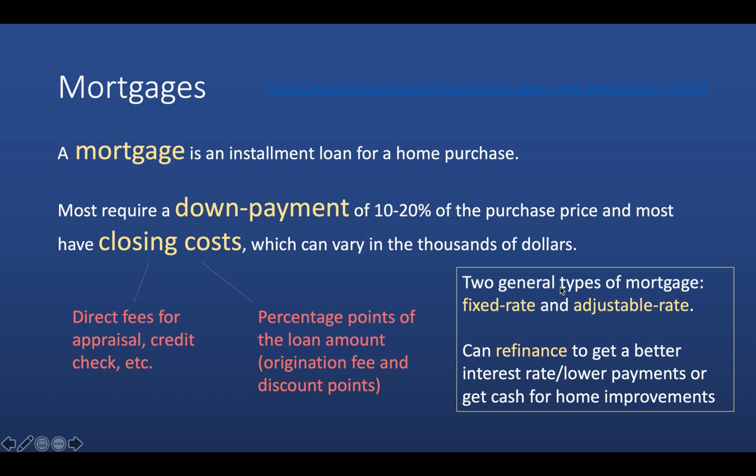And then one last option with mortgages, whether it's fixed rate or adjustable rate, you can always refinance to get a better rate or lower your payments. So you can basically take the current loan you have and pay it off with a new loan. So you owe $100,000, you borrow an additional $100,000 and pay that first $100,000 off. You still only owe $100,000.